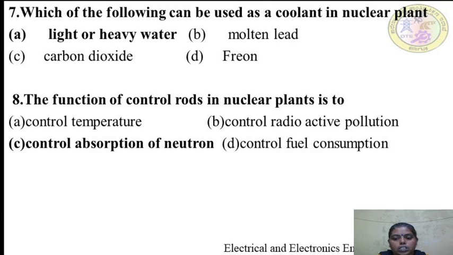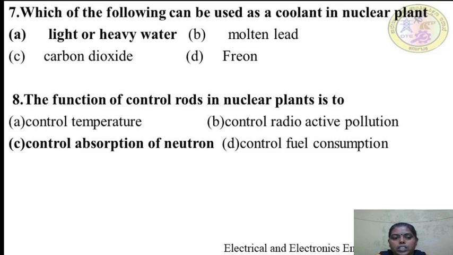Next, eighth, the function of control rods in nuclear plants is to: A. control temperature, B. control radioactive pollution, C. control absorption of neutrons, D. control fuel consumption.